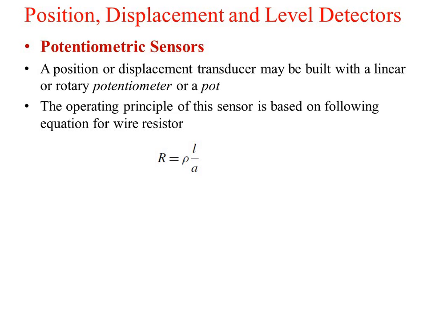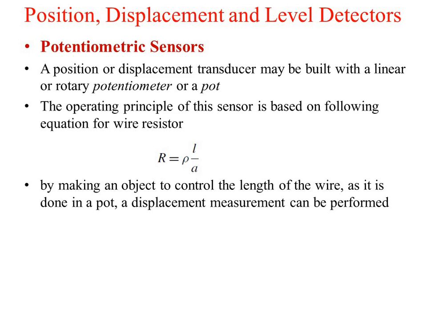So if ρ, the specific resistivity, is kept constant, then R is directly proportional to the length of the wire and inversely proportional to the cross sectional area of the wire. So this is the basic principle used. Now by making the object control the length of the wire, as it is done in a potentiometer, the displacement measurement can be performed.